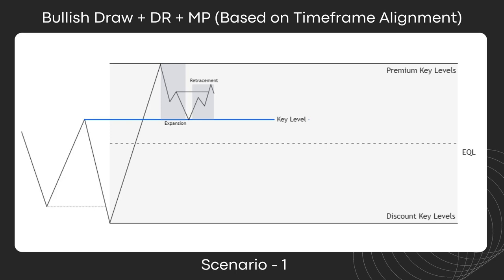But in this case, we've taken it further and made it more advanced. Now even with a key level, we're just going to expect a retracement instead of a reversal, because we've combined it with higher time frame dealing ranges and higher time frame premium and discount, which have given us a further filter to our understanding of price movements and markets.